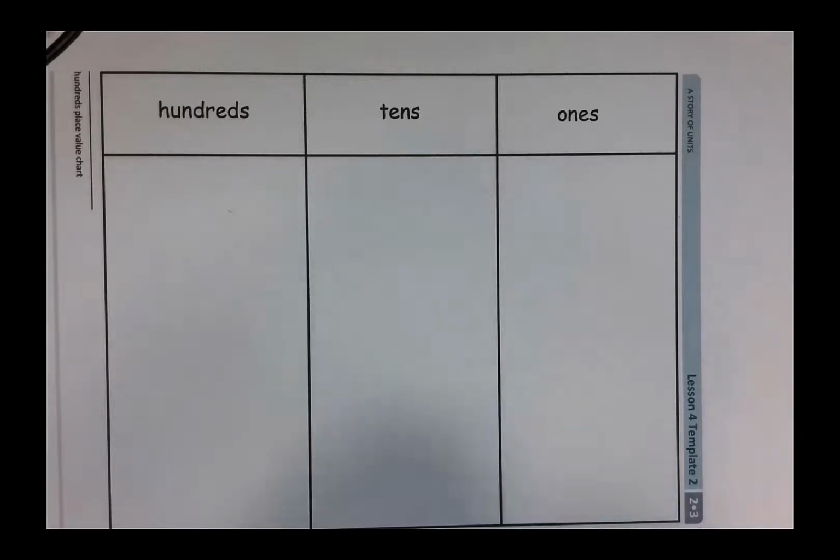And we are going to find the product of 4 groups of 34. And we're going to use a pictorial model to help us solve this problem. Our pictures are going to represent the same chips that we just used in our concrete model. So what I'm going to draw is going to represent chips.